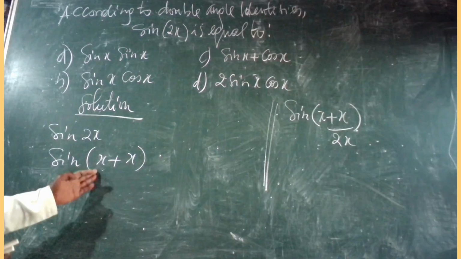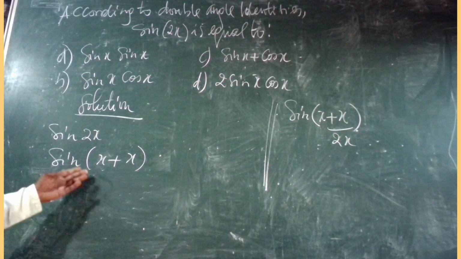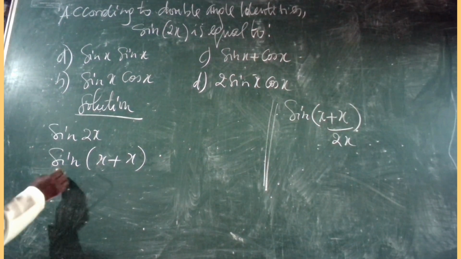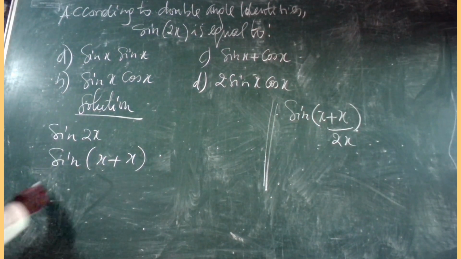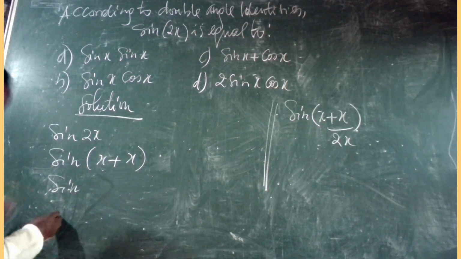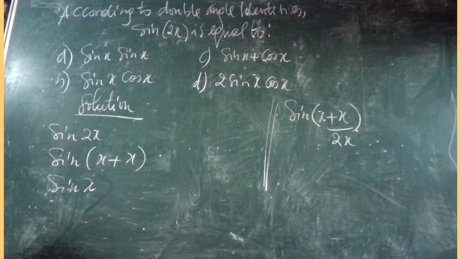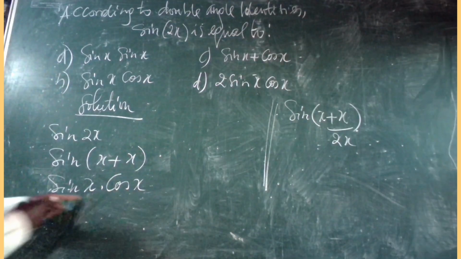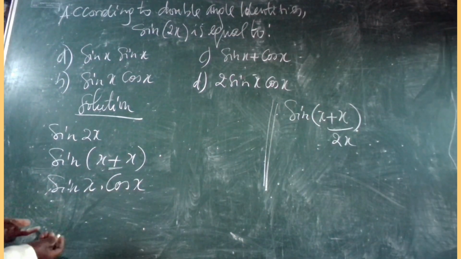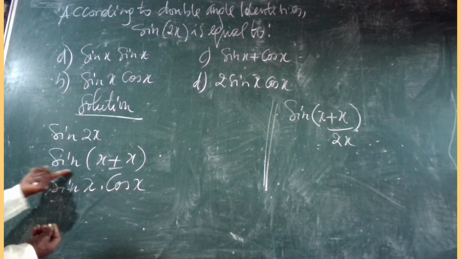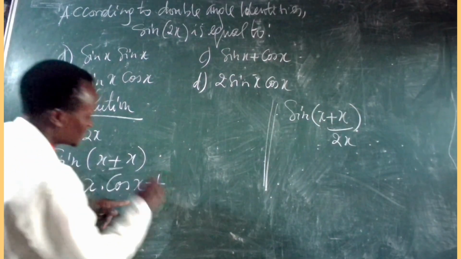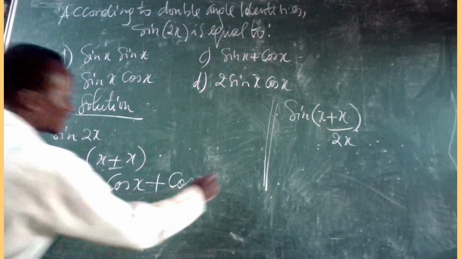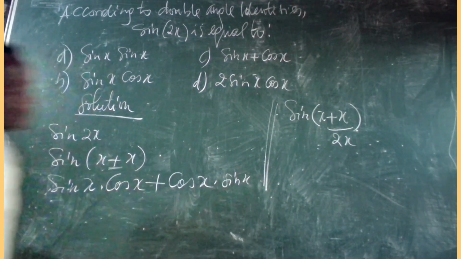Now, when we are expanding, we are adding those two x's, which could be any kind of letter. What should we do? We take sine x times cosine x, because here we have a plus, on sine. Also plus cosine of x times sine of x.